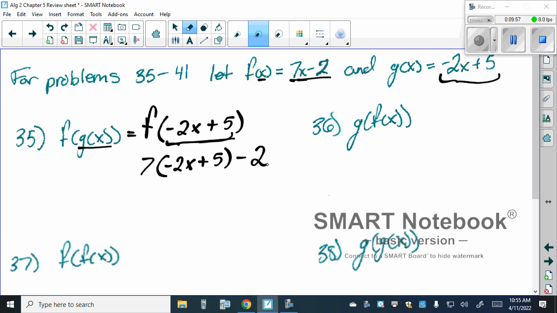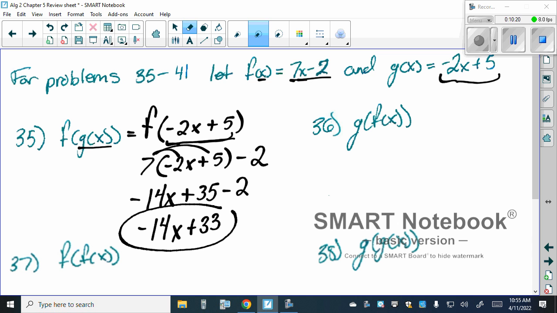Any questions on this so far? Now we just need to simplify, so we'll distribute the 7. 7 times negative 2x is negative 14x, plus 7 times 5 is 35, minus 2. Well, 35 minus 2 is going to be plus 33.